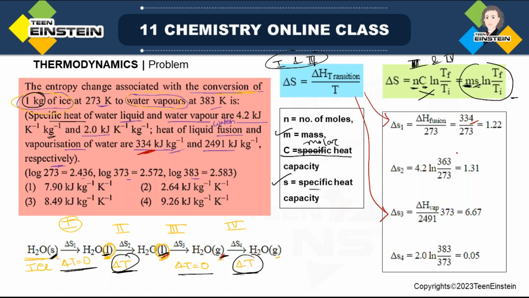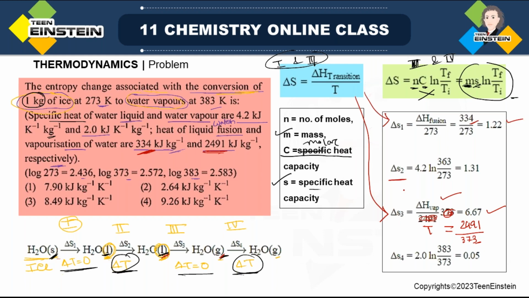So it is del H vaporization by T, which is equal to 2491 divided by 373. Okay, so 2491, that is heat of vaporization. We will write it here, in the denominator it is 373. Okay, so we are getting these two values.